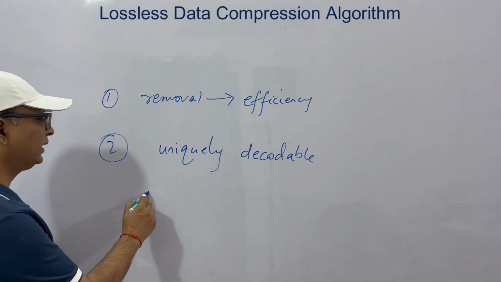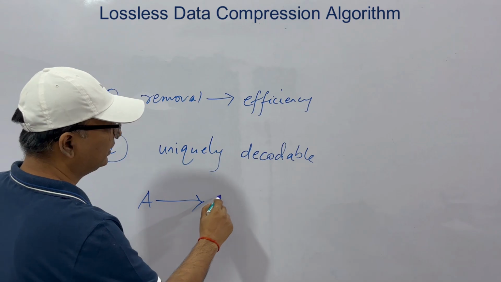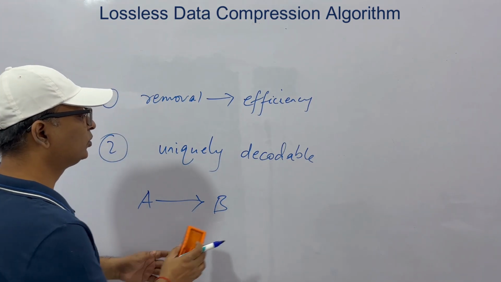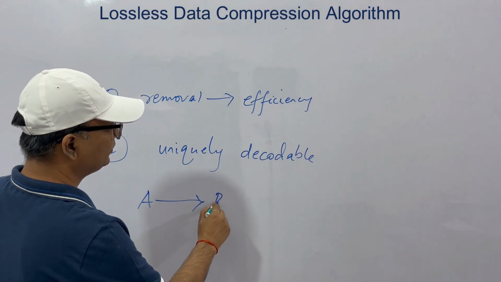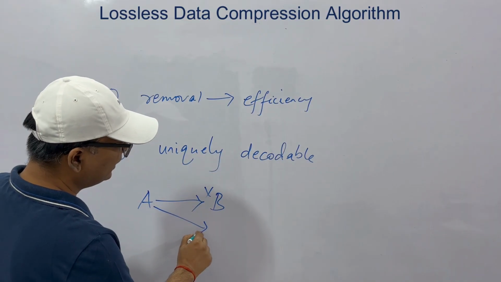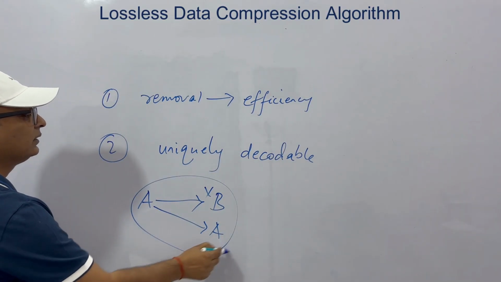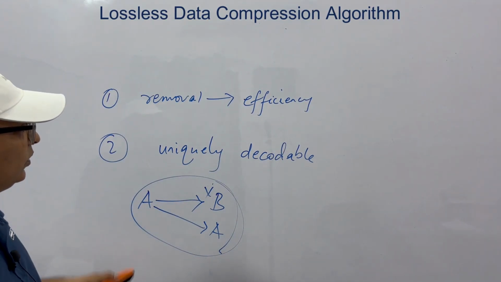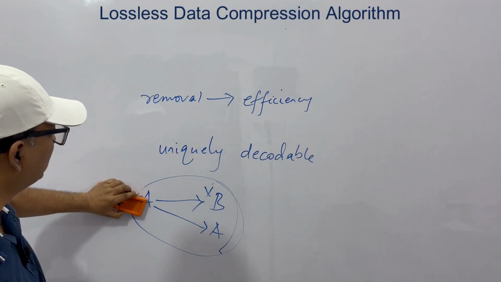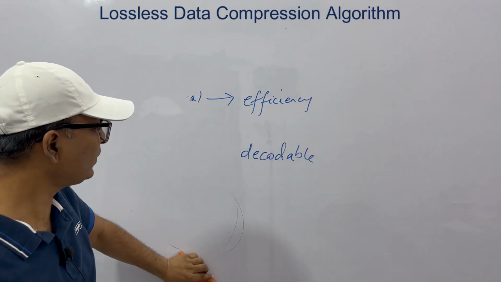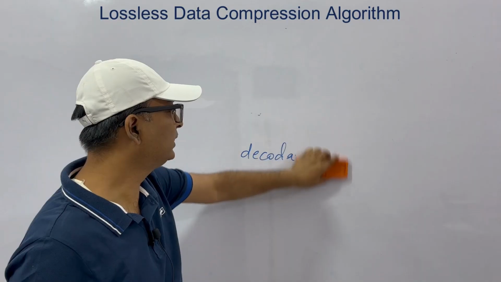That is, if you send A from the transmitter, you should not receive B; you should receive A only. Keeping these two objectives in mind, we will learn about lossless data compression algorithms.